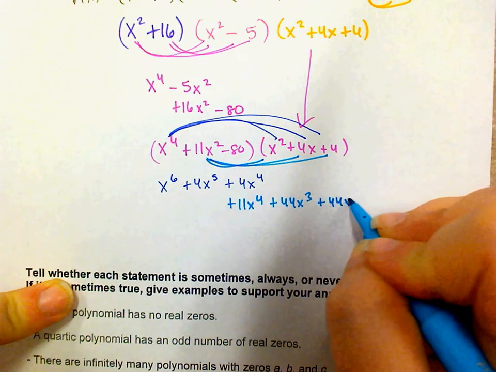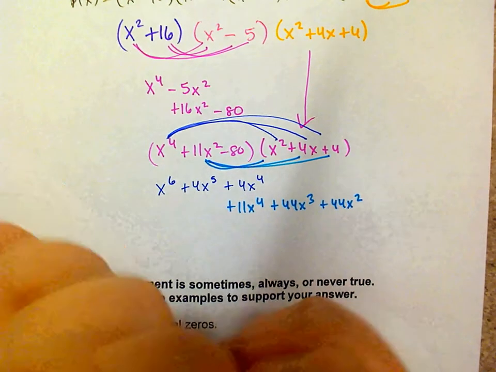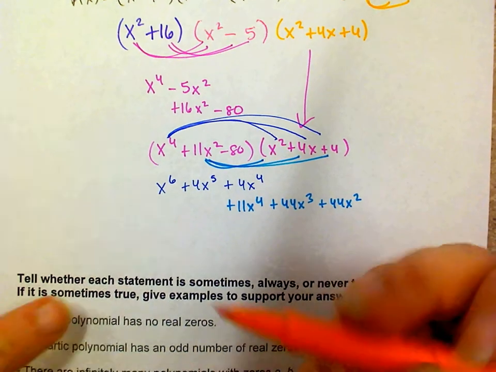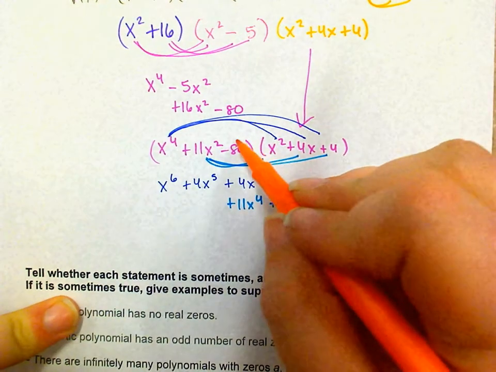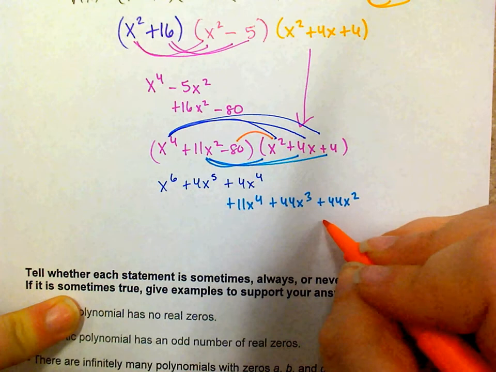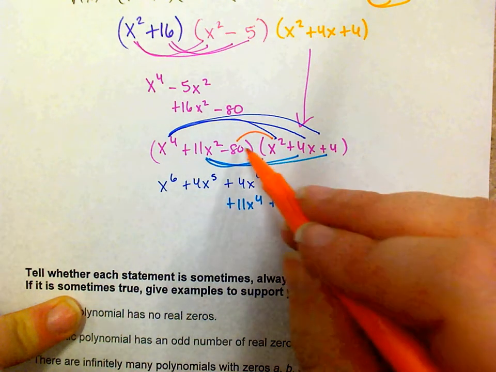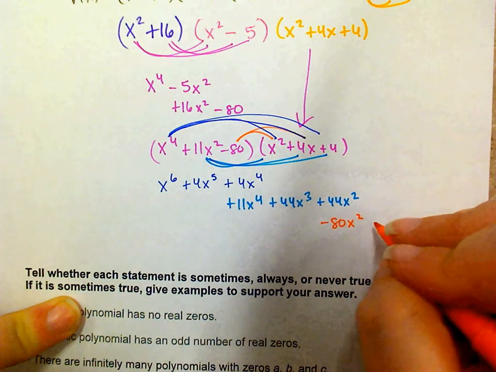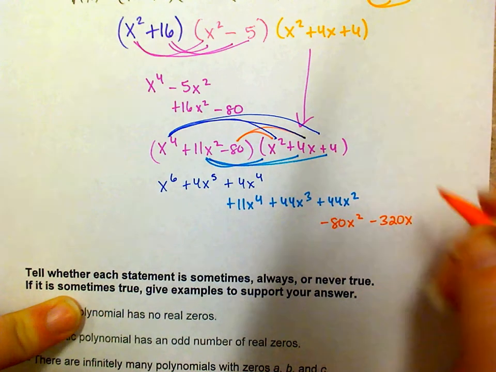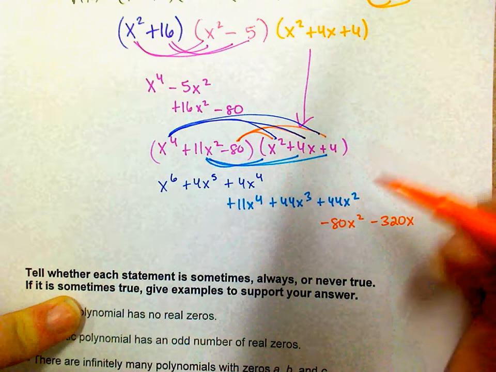And then I'm going to distribute that negative 80. So negative 80 times x squared is a negative 80x squared. Negative 80 times 4x is a negative 320x. And a negative 80 times a positive 4 is a negative 320. So just combine like terms.